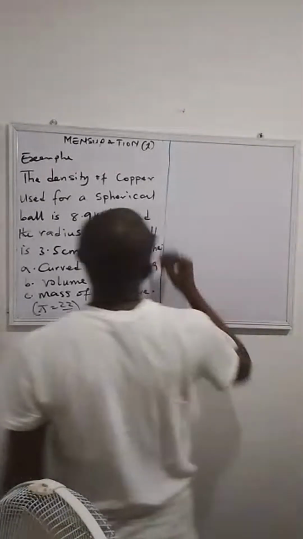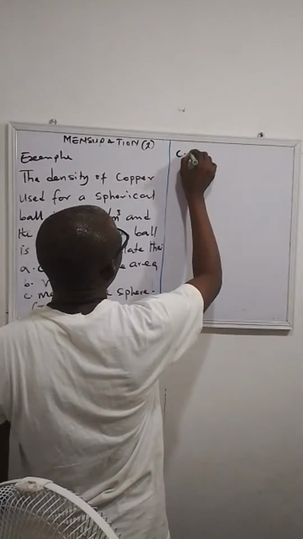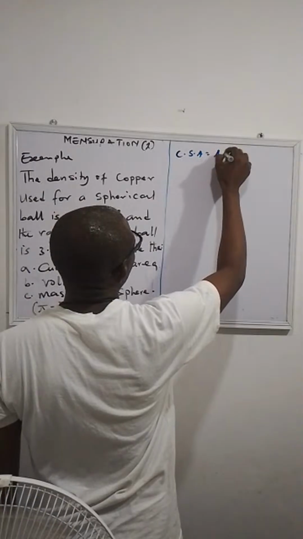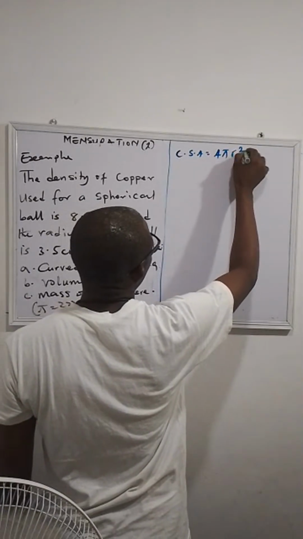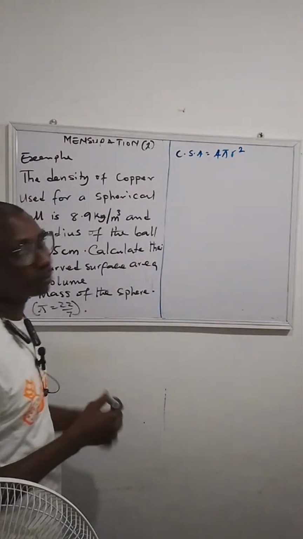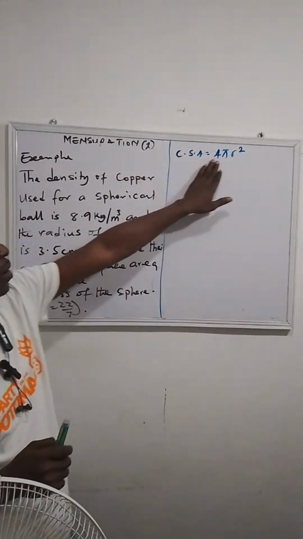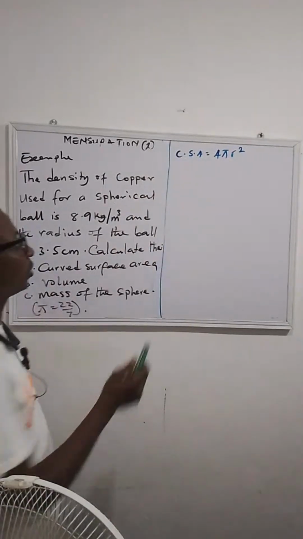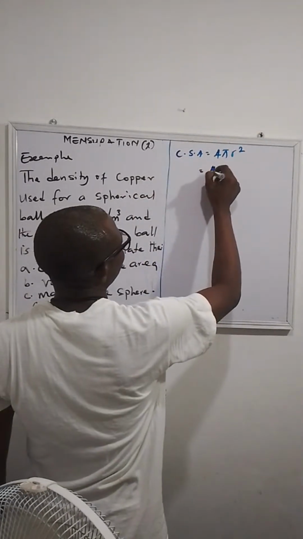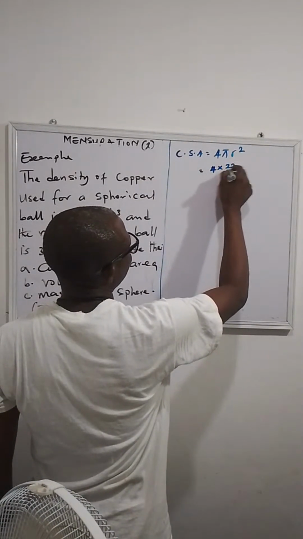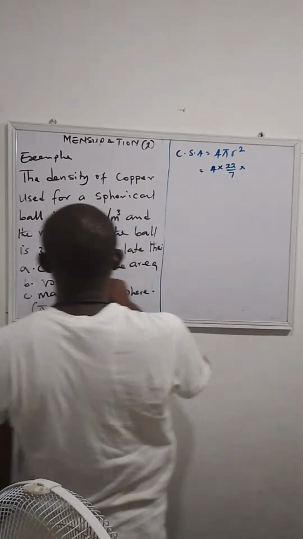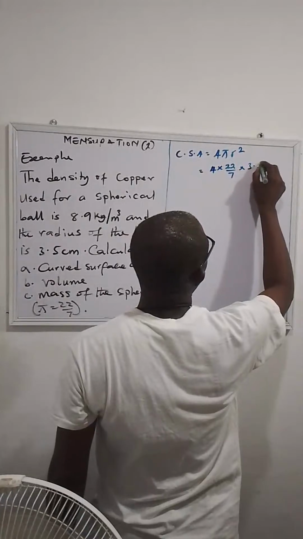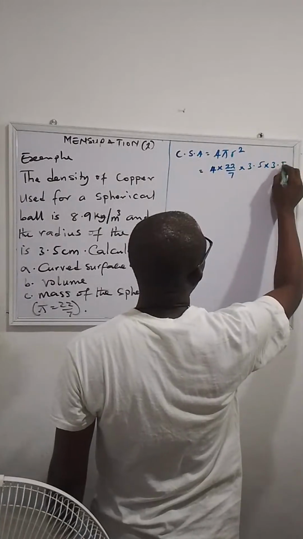Curved surface area of a sphere is 4 pi r squared, right? 4 pi r squared. That is the curved surface area. So you just plug in the values. We have 4 times 22/7 times the radius 3.5, so we have 3.5 times 3.5.